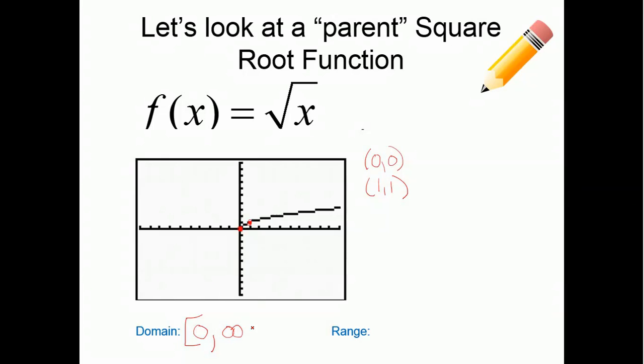Range: notice, I'm not getting the negative y's, I'm only starting at 0 as well. But this guy's going to keep opening up, up, up, and up. So I am ultimately going to reach positive infinity with my range. If I look far off into the right-hand side, my function's going to keep opening up.